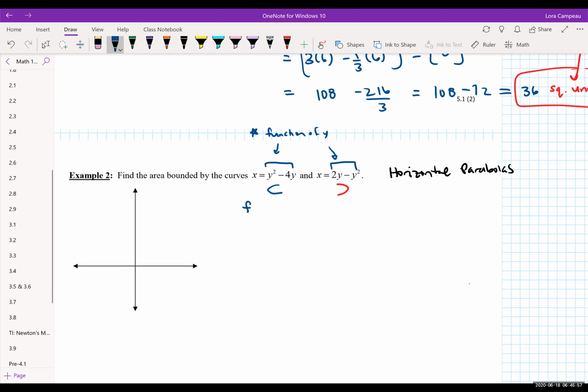So F of y is y squared minus 4y, and G of y is 2y minus y squared. If we have that going our way, let's figure out what our y-intercept is. Try with the first part.